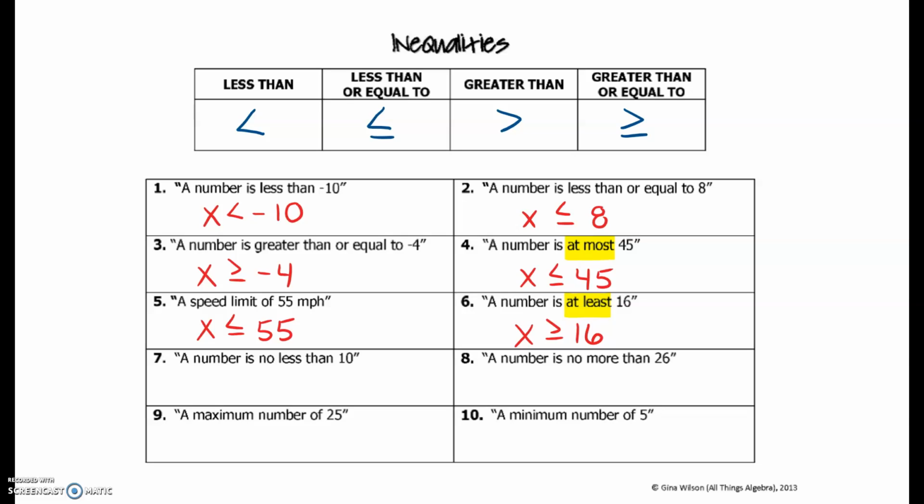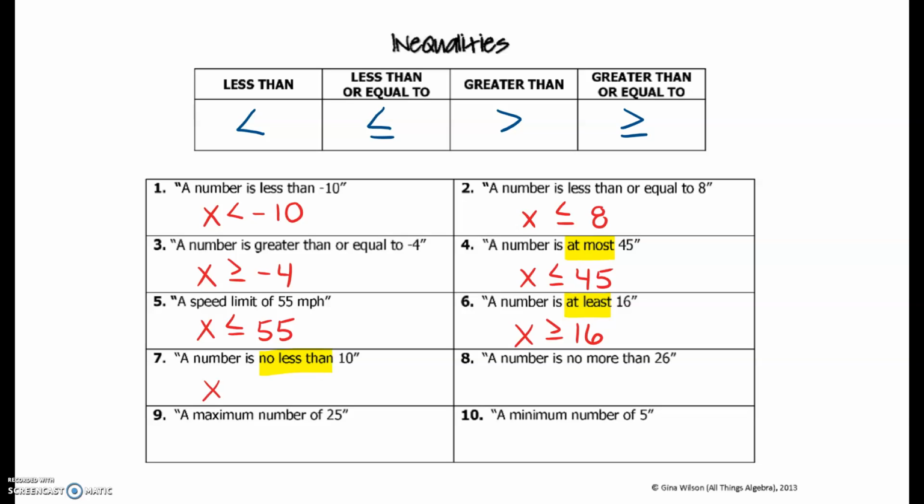Now, 7 and 8, you'll notice, are opposite words. In number 7, it says a number is no less than 10. So what that means is we want the number to be bigger than 10.